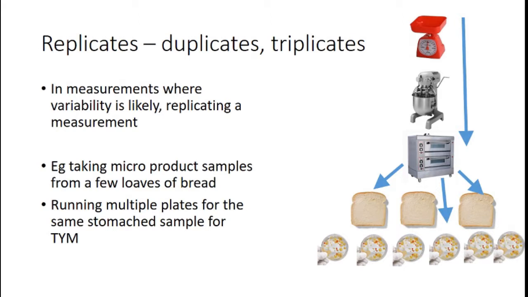Now, in other cases, you may be looking at what's considered a replicate. This is where you are doing some sort of measurement, splitting your experiment at a critical point where you think there's going to be exceptional variability, and you want to minimize the variability of that specific point.